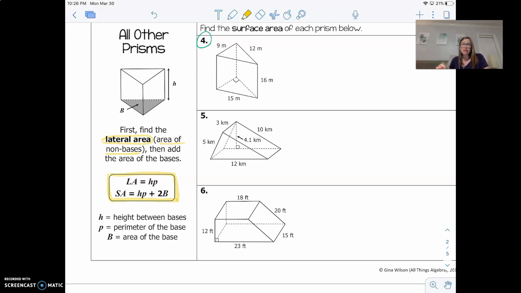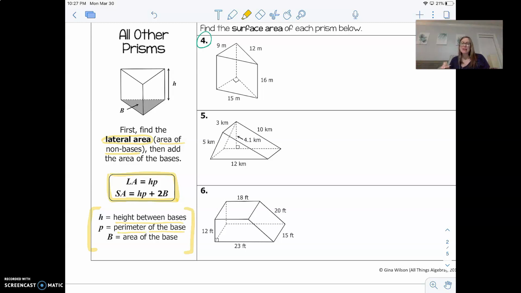Whoa, that's a lot of random variables, right? So it's really important that you know all of these. Okay, you have to know what the variables mean. H is height of the prism. That means it is the distance between the bases, remember. P is perimeter of the base. Okay, not just any perimeter of the base.